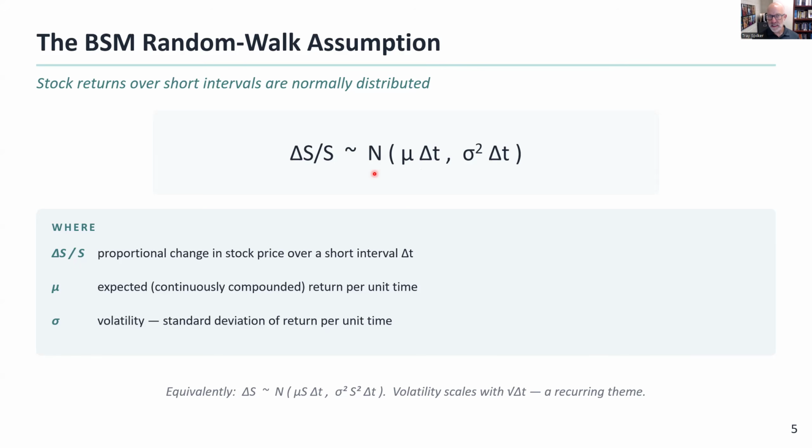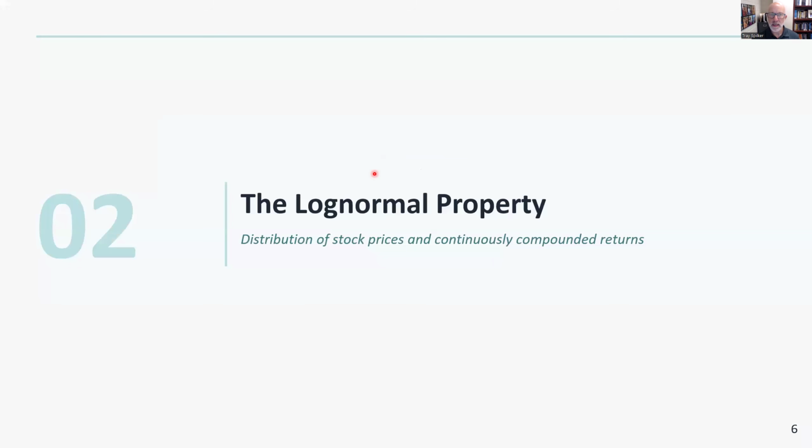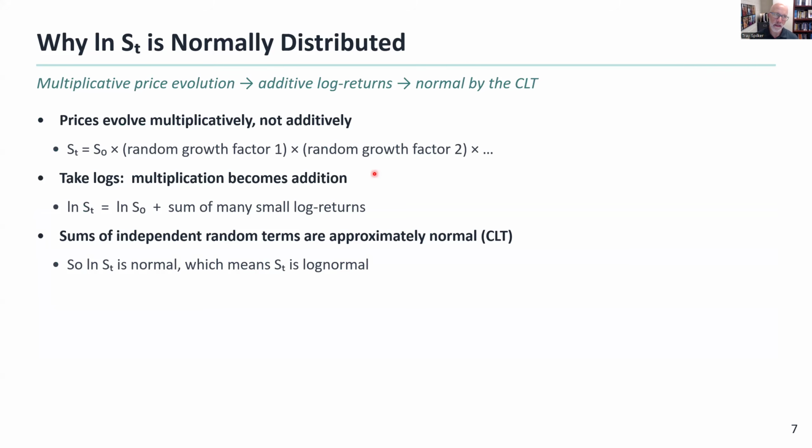So over small time increments here, the stock returns are roughly normally distributed. But as we get further in, the prices, as we compound through continuous time, we approach a log normal distribution.